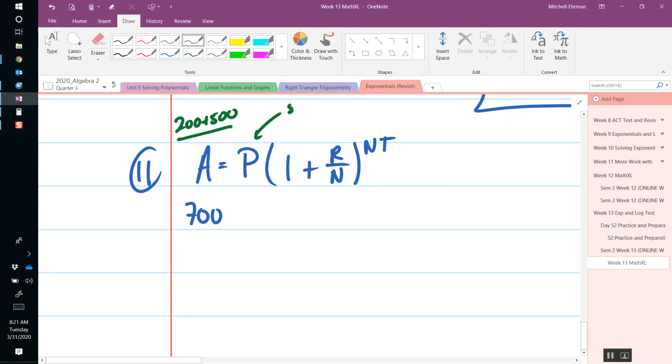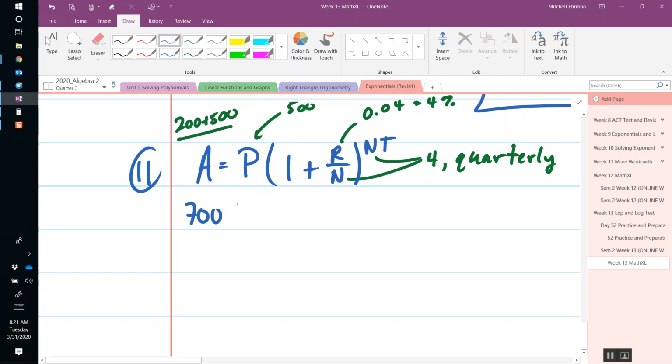This P value is the $500 that we started with. Our R is 0.04 for 4%. And N, in this case, is equal to 4, because of the description of this being invested quarterly.